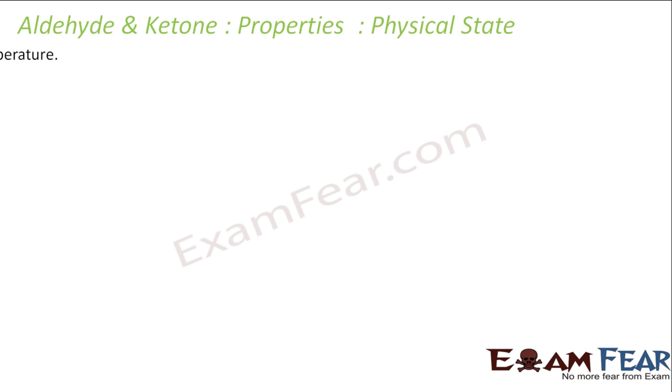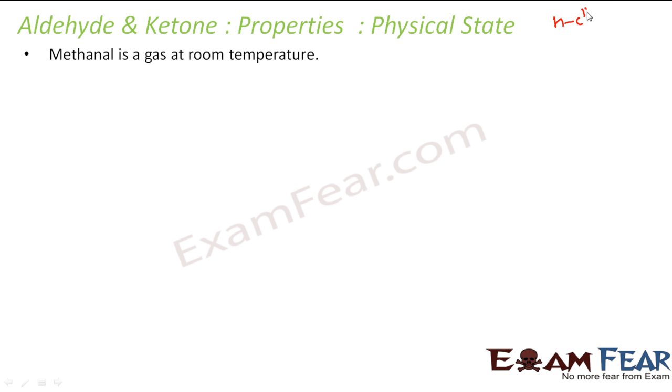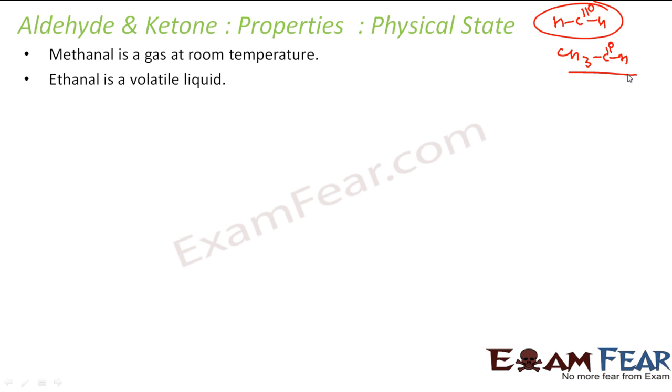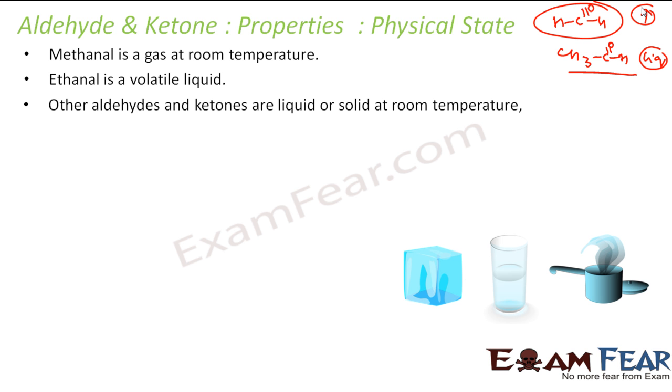So the first is the physical state. If you see methanal, the first aldehyde, HCHO, this is a gas at room temperature. And if you see ethanal, the next one, it is a liquid. So this one is gas, this one is liquid. Correct?